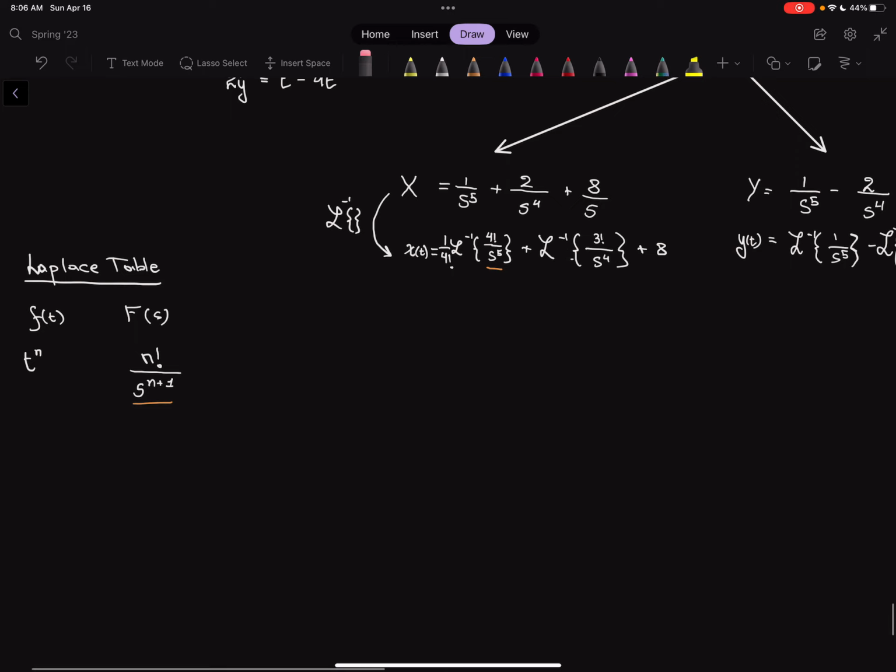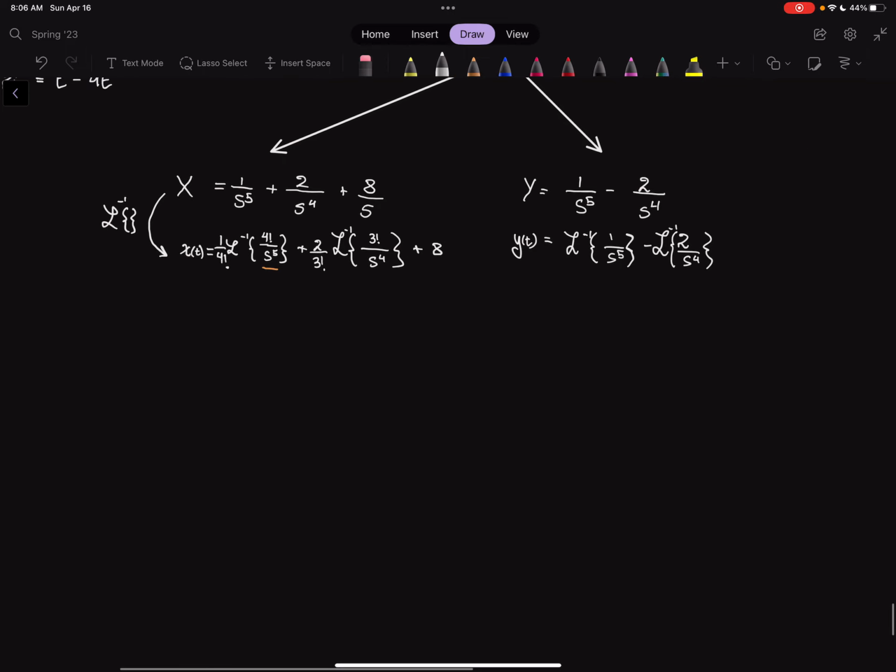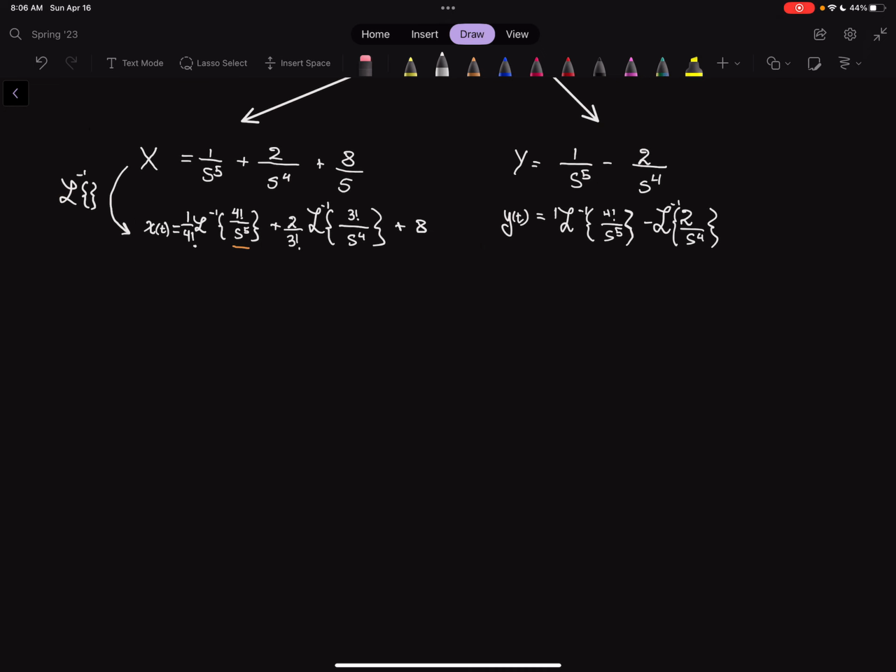And I put it in the wrong place, because this is all one thing. So we want to divide by 3 factorial. And now we can do a similar thing here. We actually have the same thing. So if this becomes a 4 factorial, we divide by a 4 factorial. And if this is a 3 factorial, and here we had a 2, and this was negative, here we divide by a 3 factorial.